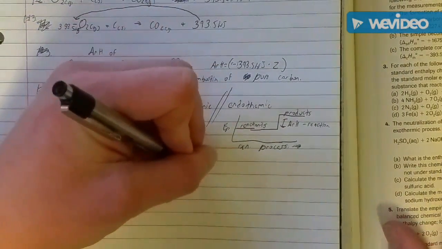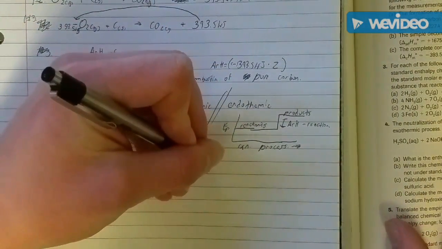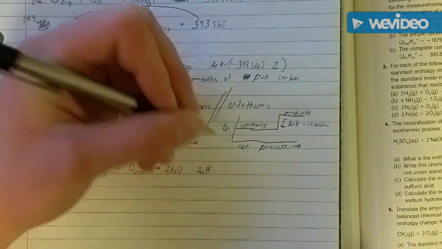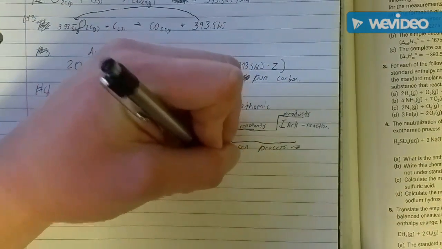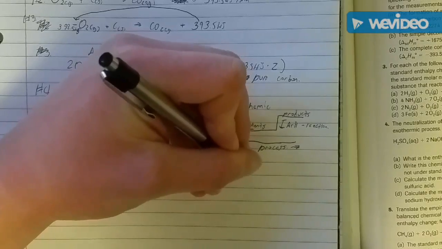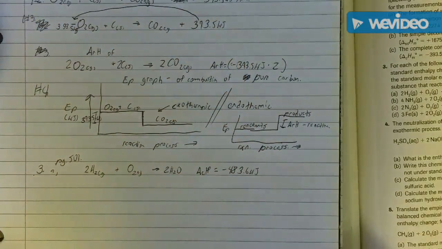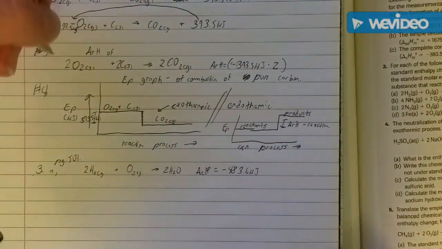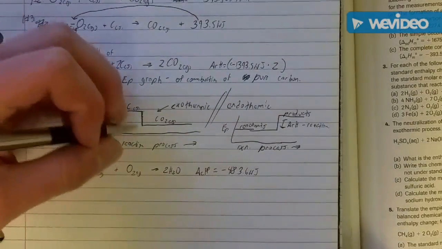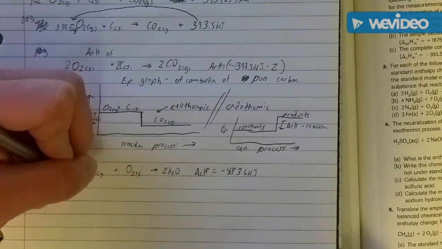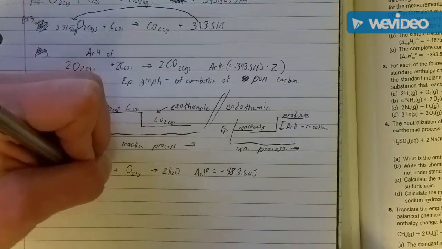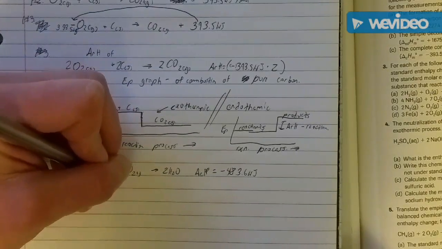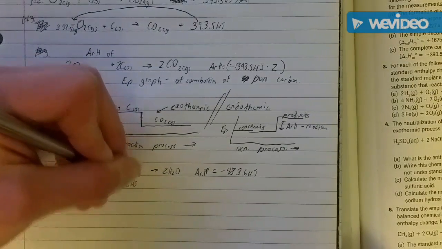And they're saying that our delta CH, so that'd just be our combustion, and this enthalpy change is negative 483.6 kilojoules. Our oxygen would be equal to negative 483.6 kilojoules.